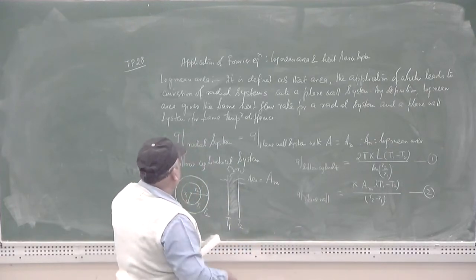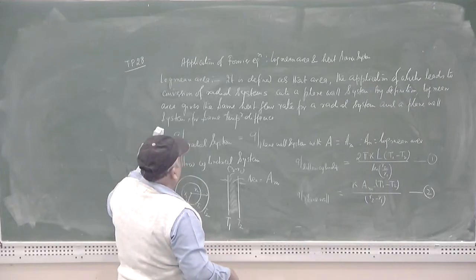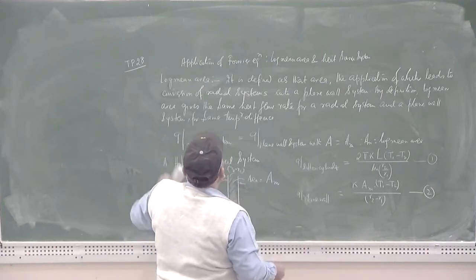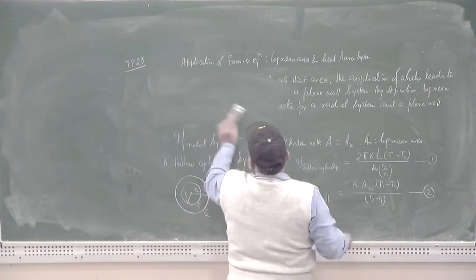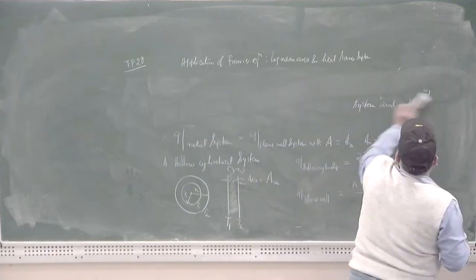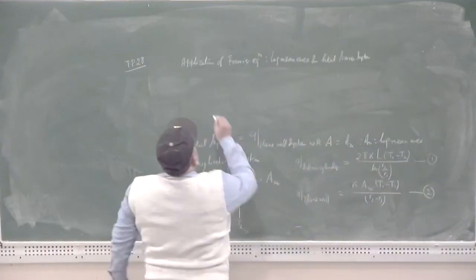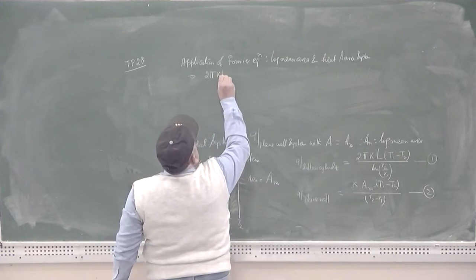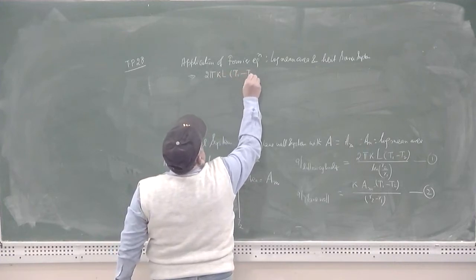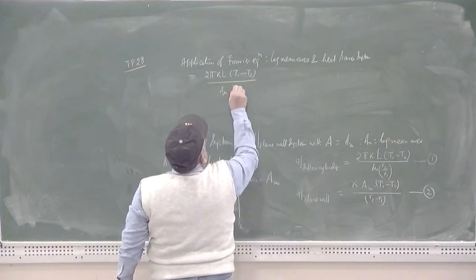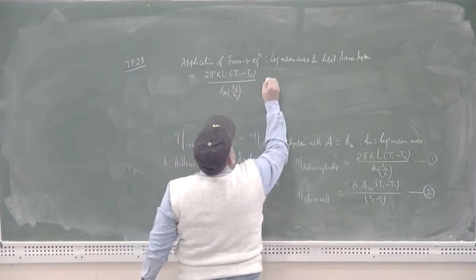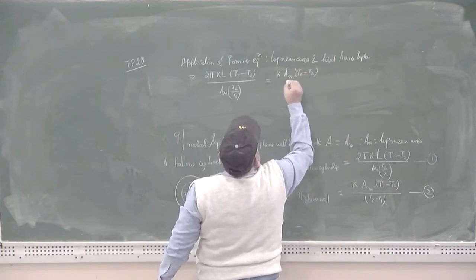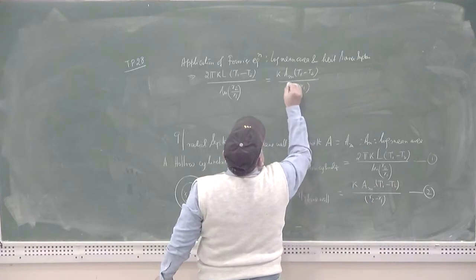So we can write that this quantity, 2 pi K L (T1 minus T2) divided by ln R2 upon R1, should be equal to K AM (T1 minus T2) divided by R2 minus R1.